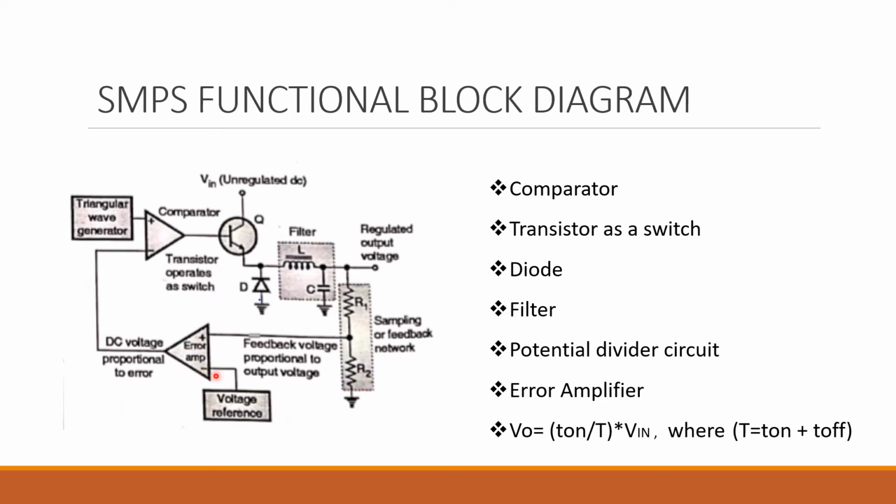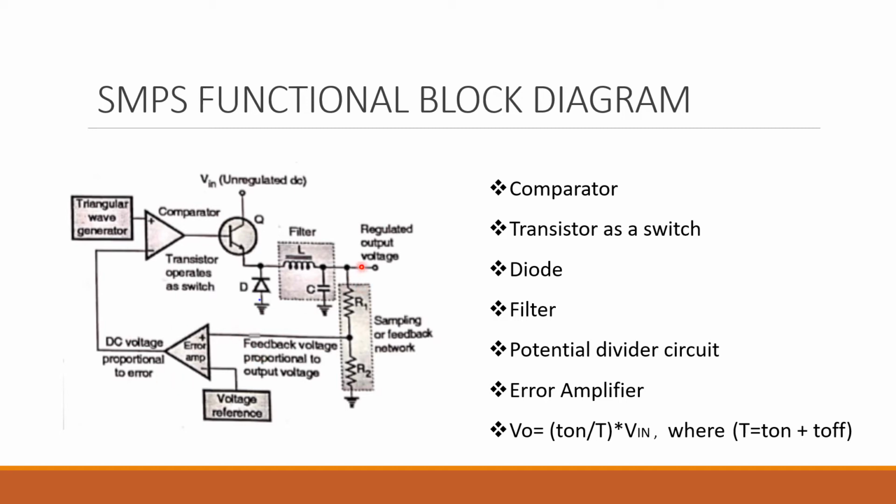Inverting terminal is fixed reference voltage. Output of error amplifier is given to comparator. Comparator's non-inverting terminal is connected to triangular wave generator. Comparator output is either on or off. It is generating pulse according to the value given by output of error amplifier.